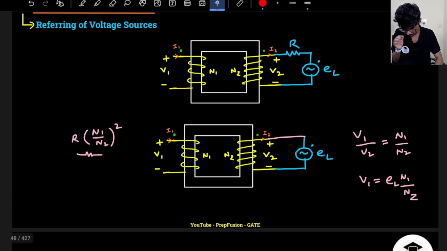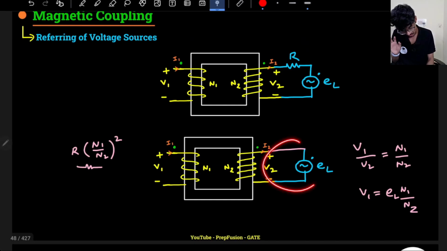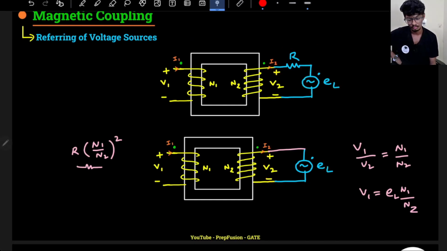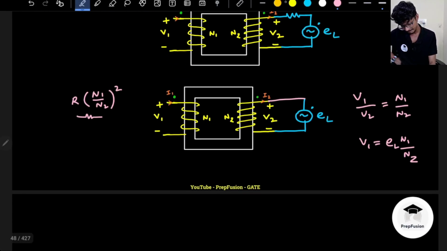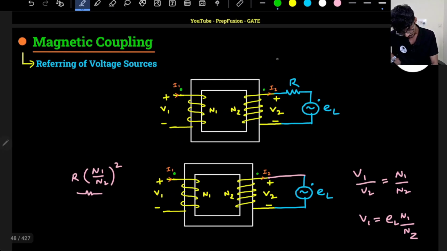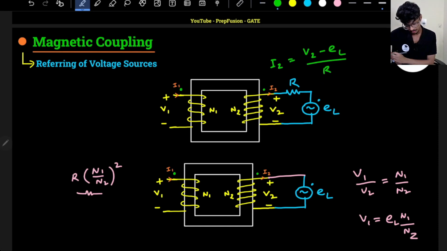This works for this simple circuit. If I have R and EL, then how will it work? What is this current I2? I2 will be equal to (V2 minus EL) divided by R, correct?